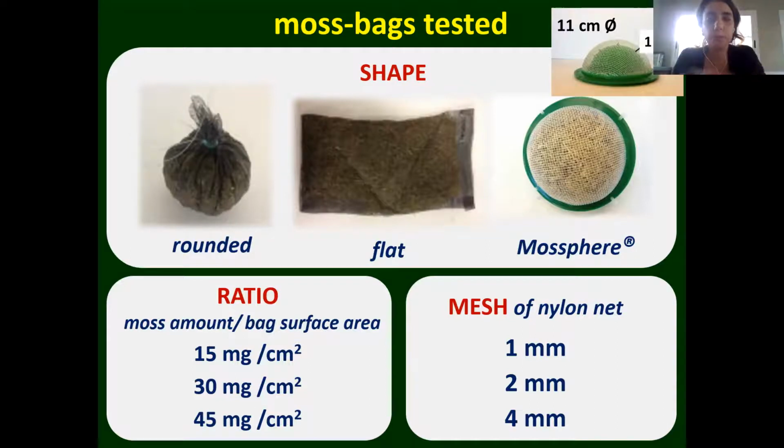We wanted to compare the moss bags different in shape, in the amount of moss per surface area of the bag, and also with different diameters of the pores of the nylon net.